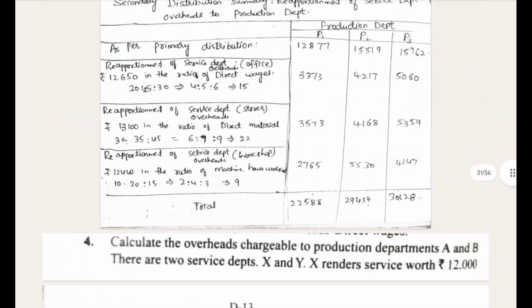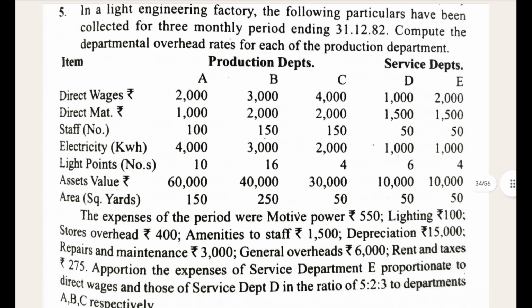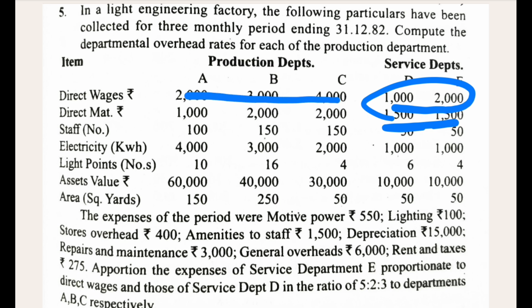Now in this fifth problem, we have direct wages and direct material for the service department also. That's why we have to take direct wages and direct material in primary distribution only for the service departments, not for the production departments. Direct material and direct wages are not of the production department; they are related to the service department. So in primary distribution, we should not take direct material and direct wages in the primary distribution table for the production departments. Note down this point.